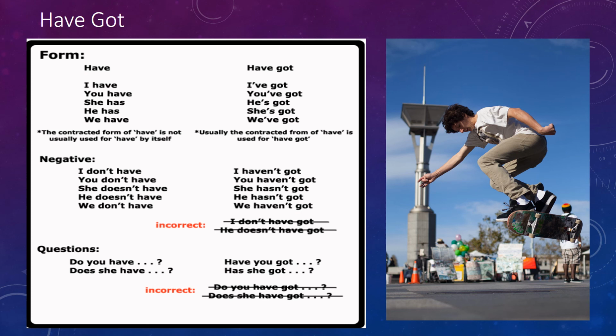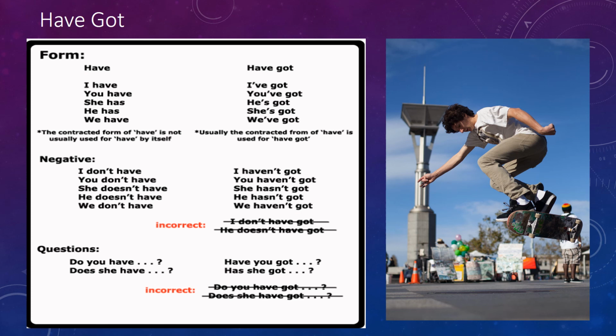And after that, we have got. With the negative sentences, we have the pronoun plus haven't, or hasn't if it's the third person. And for questions, we use have you got or has she got.